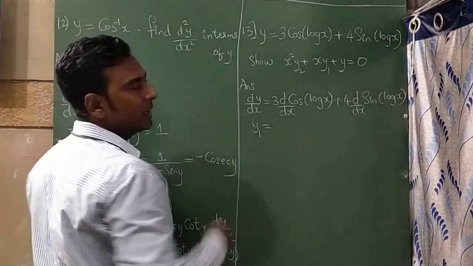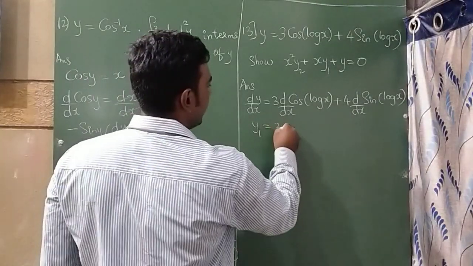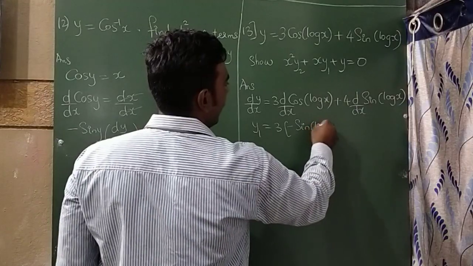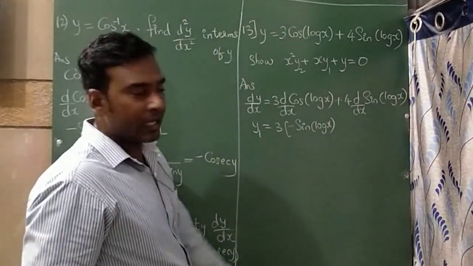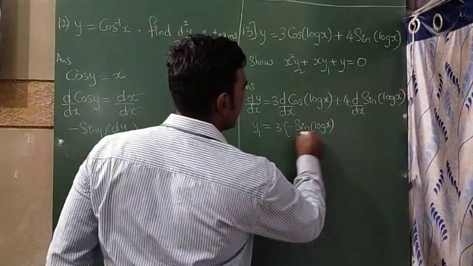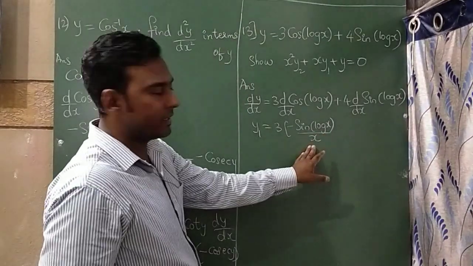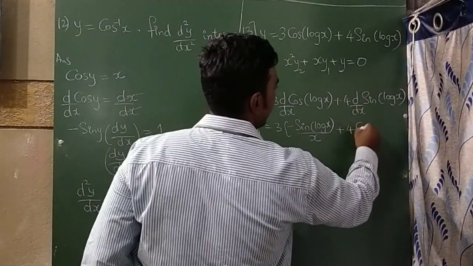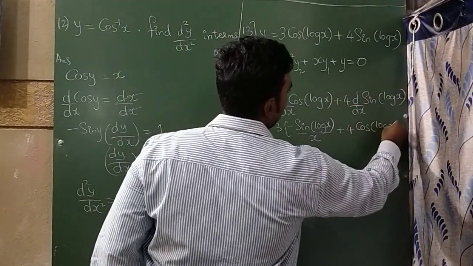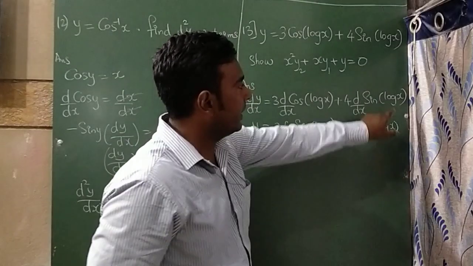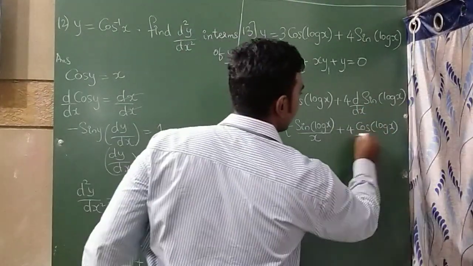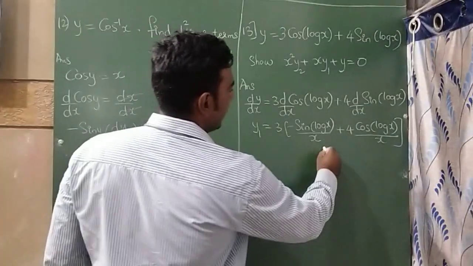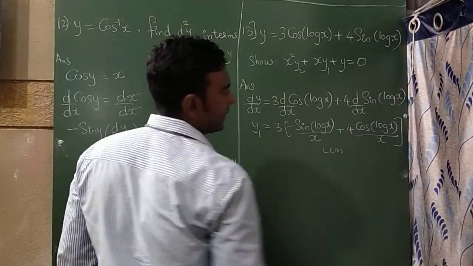It means first derivative. Okay, so here 3 d by dx of cos is minus sin log x. Again by chain rule, d by dx of log x is 1 by x. So directly I will write here divided by x plus 4 d by dx of sin is cos, and by chain rule d by dx of log x is again 1 by x, so I will write like this. Okay, here if you take LCM, so x, right?